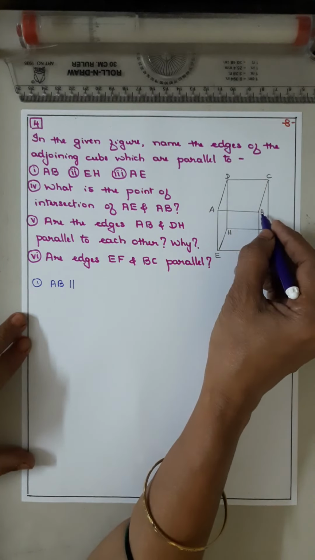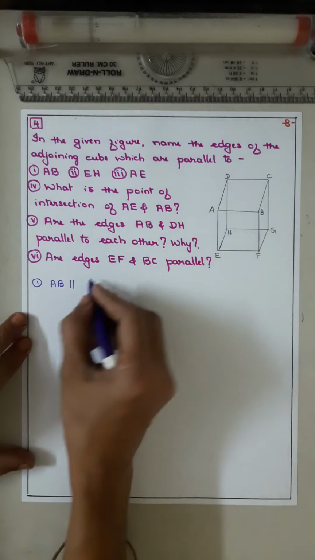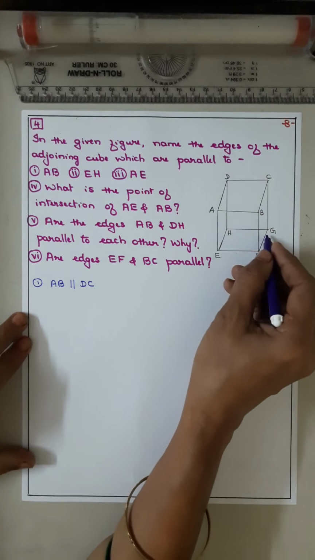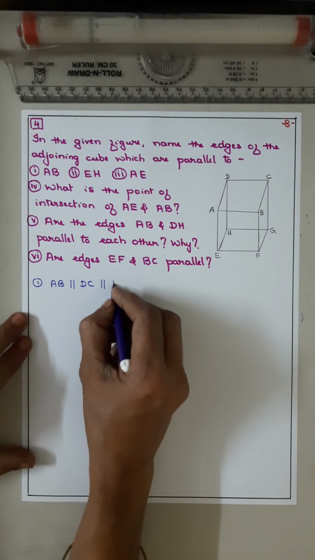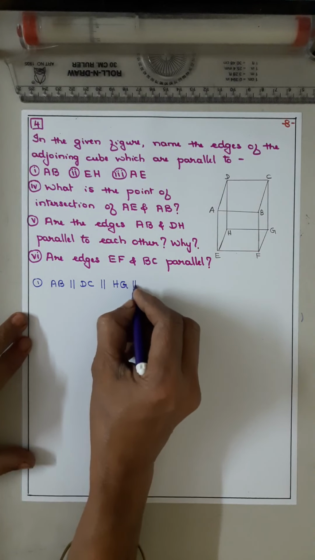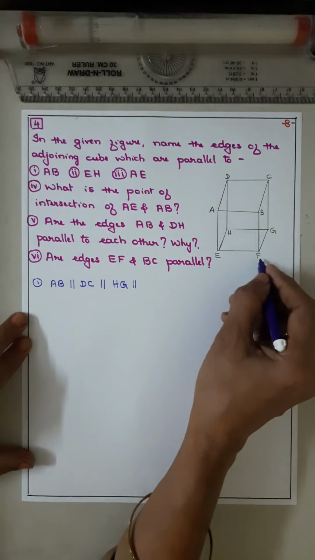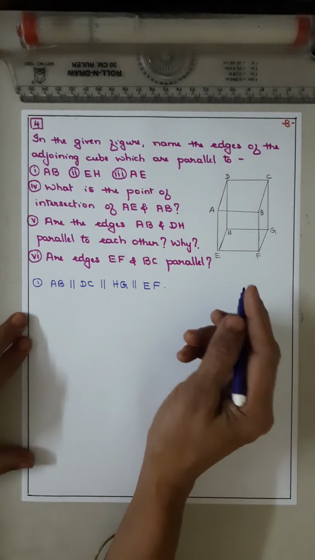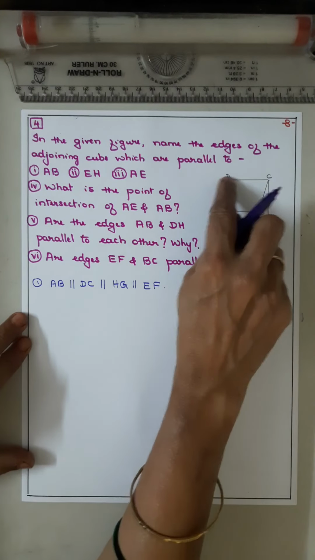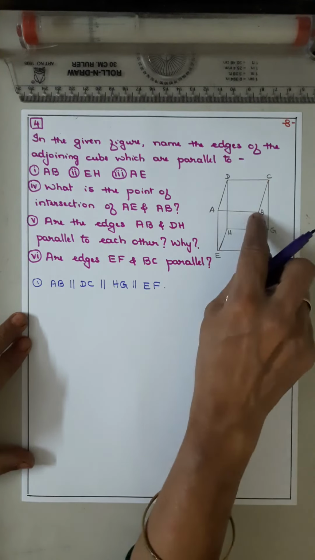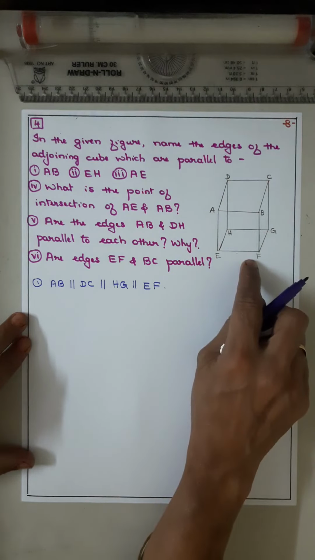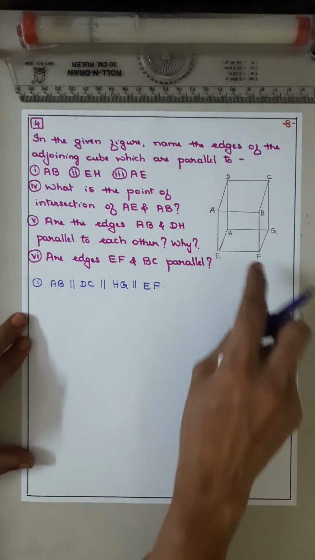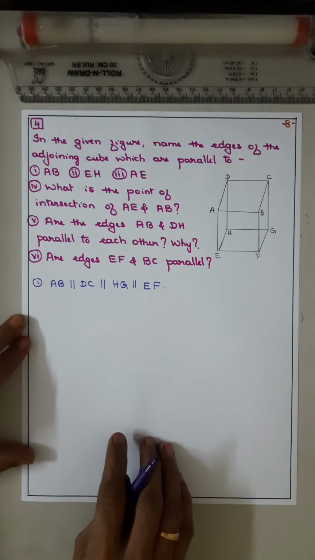AB is parallel to DC, and DC is parallel to HG, and HG is parallel to EF. See, all are parallel. AB is parallel to DC, and AB is also parallel to EF, and EF is parallel to HG. So all the 4 are parallel to each other.